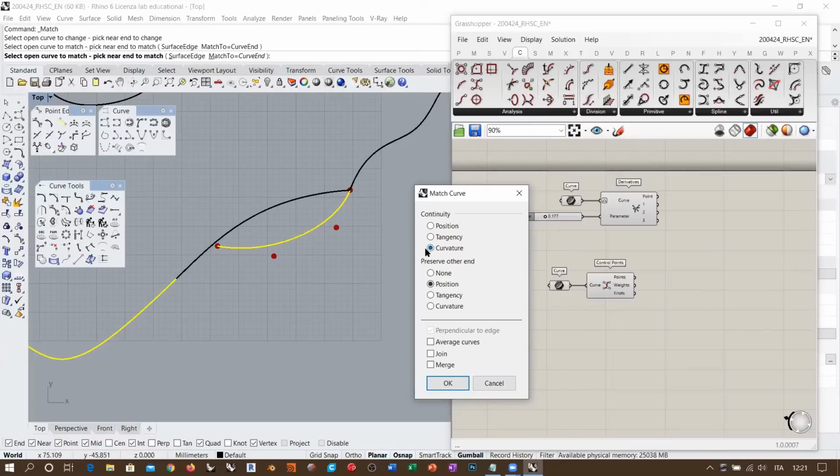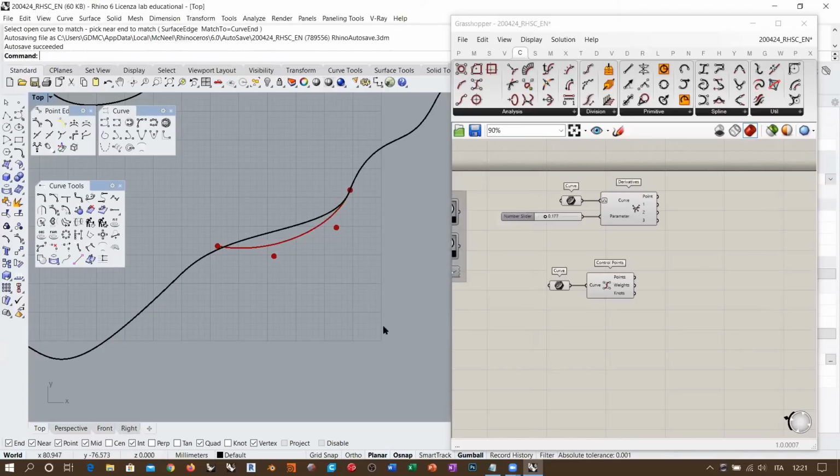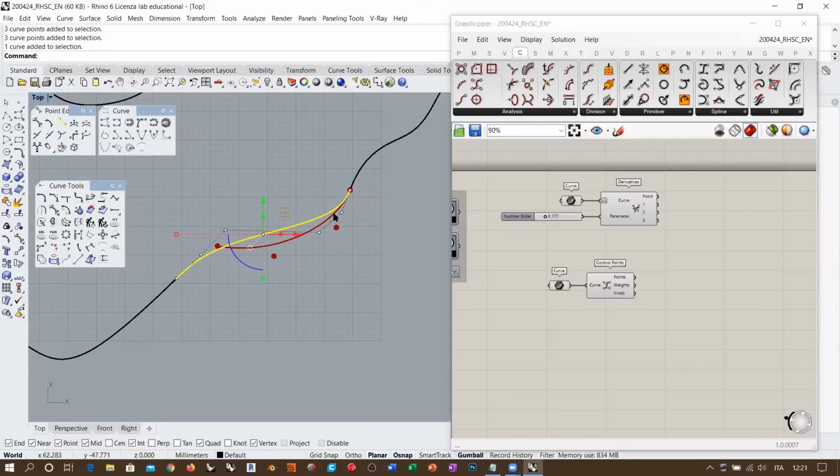Okay, so if I increase, for example, continuity set to curvature and preserve other end set to curvature as well, what I get as a result is a curve with 3 plus 3 control points, which is totally different from the curve that I had originally, which was this one with this shape and with 4 control points.